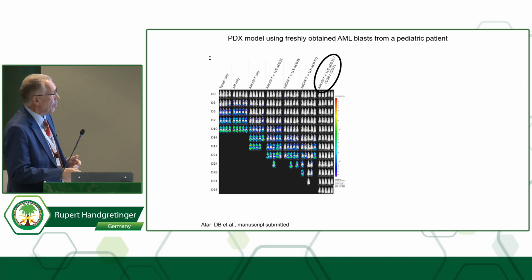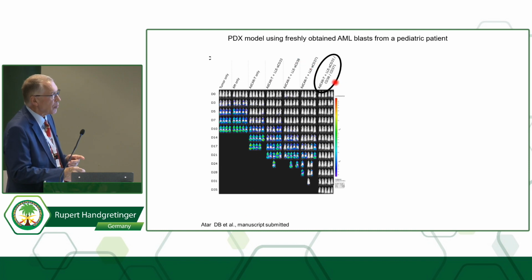And this is our PDX model obtained from a patient, AML blasts directly injected into NSG mice. And you can see here, if we only use one of these adapter molecules against CD33, the mouse progresses. If we use only the one with CD38, progression, also the CD371.